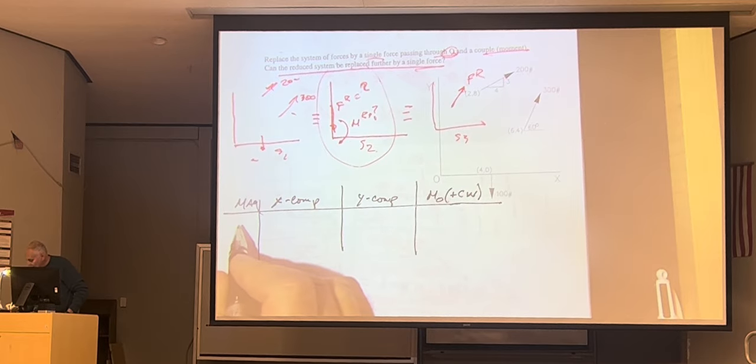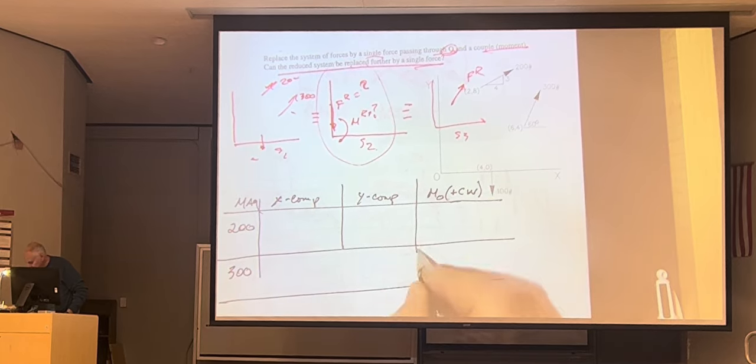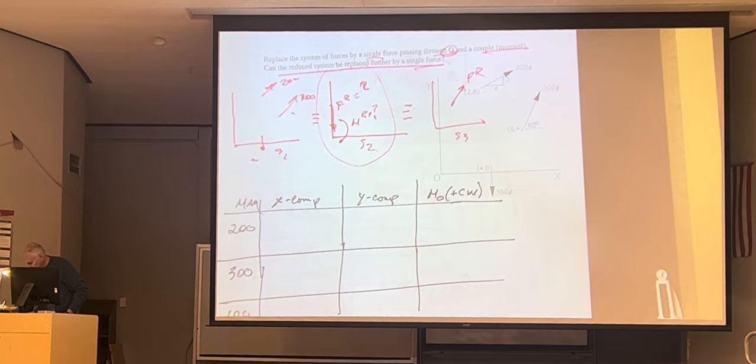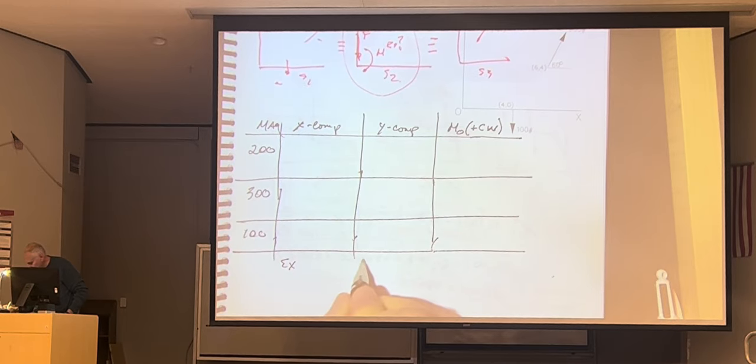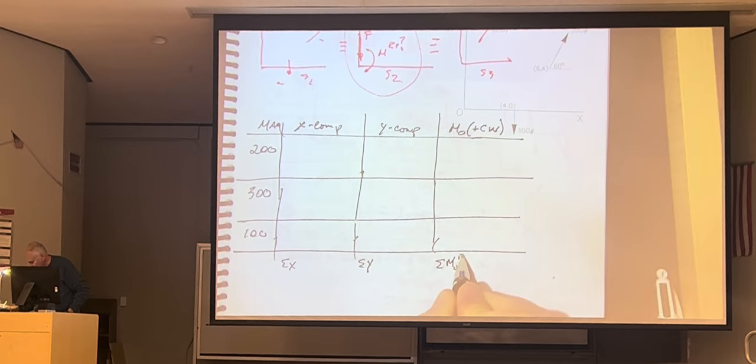All right, so what I have here is 200, 300, and the 100. I am then going to sum the x's here, sum the y's here, sum the moments about O resultant here.